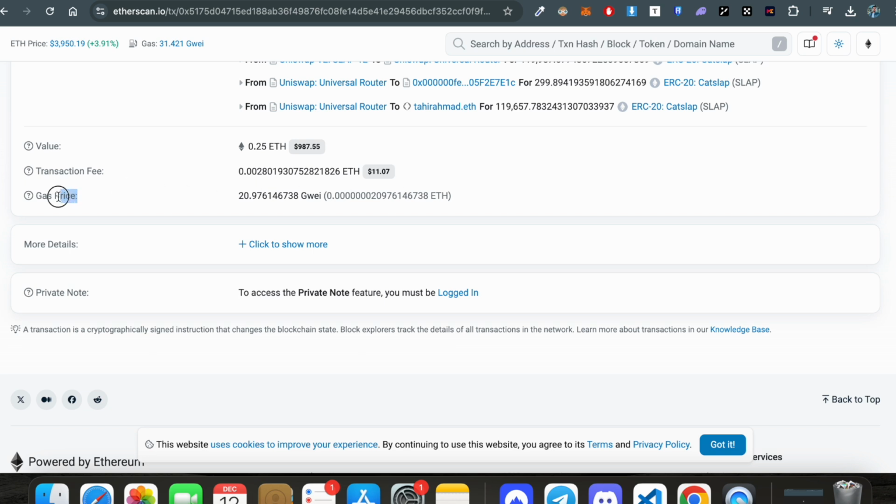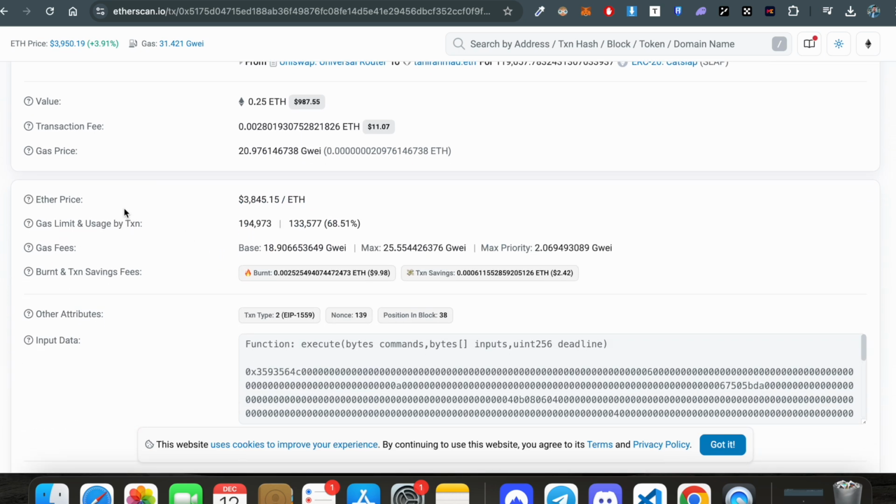And there is a concept of gas price. So gas price is 20.97 Gwei. So Gwei is the unit in which we actually calculate the gas fees, and these are the more details. If you click here, at the time when the transaction was executed, the Ethereum price was $3845.